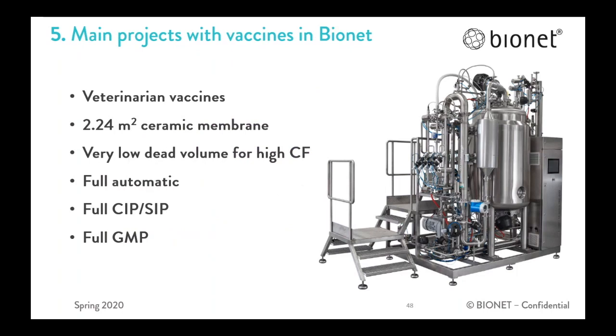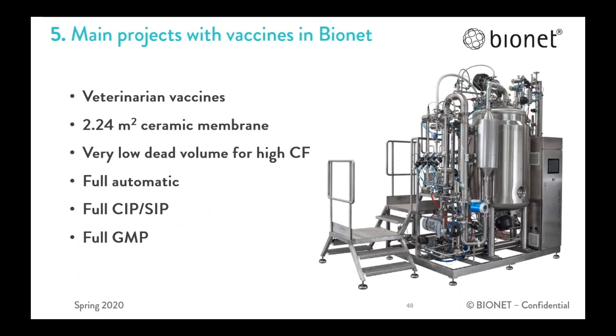Here you have an example of one of the plants we have supplied for vaccines production at Bionet. This plant was built for the veterinary industry. The vaccine was obtained with the whole cell produced from bacteria fermentation. As the target product was in the retentate, it was designed with a very low dead volume in order to achieve high concentration factors before formulation.